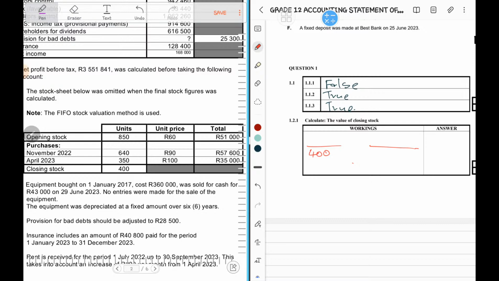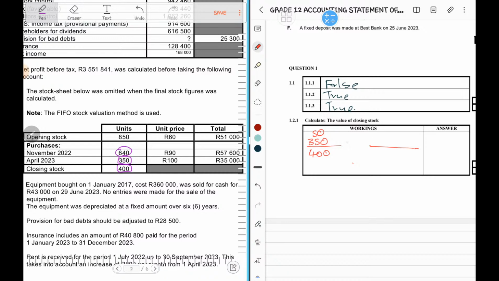So it means that the 400 units, since you can see that if we take the 350 here, it means that some of the units that are currently here, they are from the April purchases. So we are going to say 350. Then now if we want to find the remaining units, we're going to say the 400 minus 350, and that means that 50 units would remain from the November purchases.